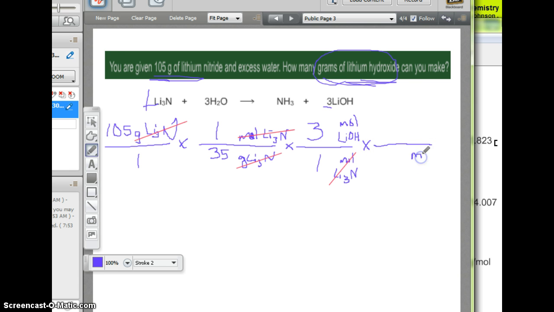Well, again, it's all about canceling, so it has to be moles, but specifically moles of LiOH. And what am I trying to get to? Grams. Grams of LiOH. So if I have 1 mole of LiOH, now I have to look at my periodic table and add how many grams that.